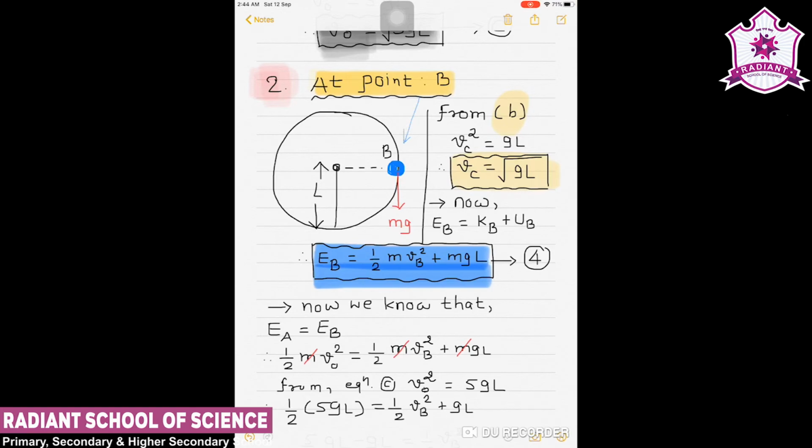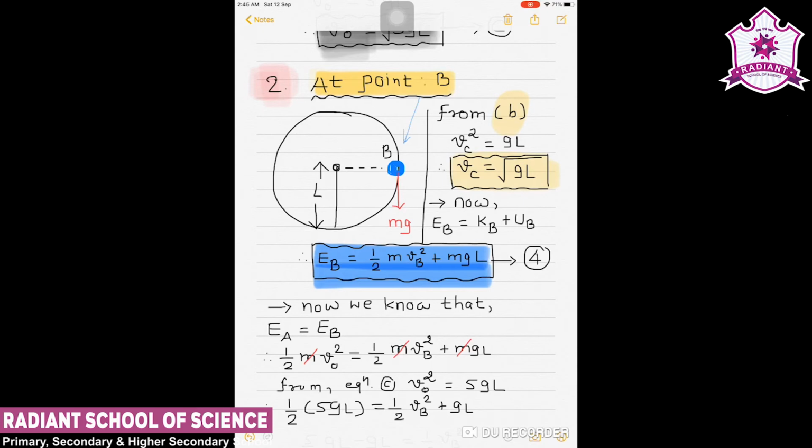If the velocity at point B is vb, then the kinetic energy equals 1/2 m vb square, and the length L is given from the center to the radial part, and therefore the potential energy equals mgh.